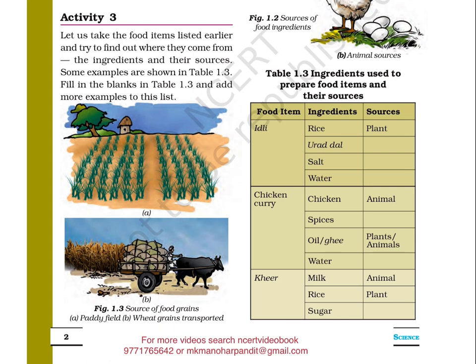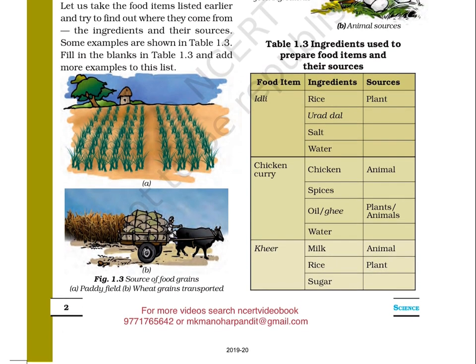Food item, idli. Ingredients, rice. Sources, plant. Ingredients, urad dal. Sources, blank. Ingredients, salt. Sources, blank. Ingredients, water. Sources, blank. Food item, chicken curry. Ingredients, chicken. Sources, animal. Ingredients, spices.